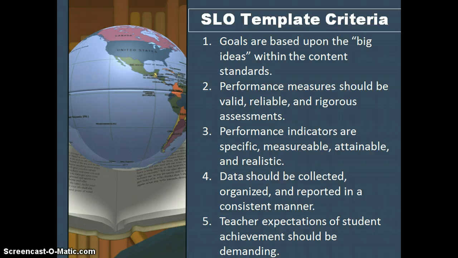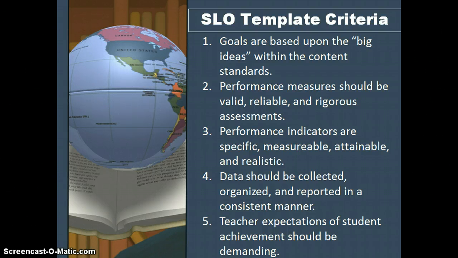Let's think about the criteria for our template. When we write our goals, we're going to write them based upon the big ideas within the content standards. Ask yourself, what's the most important learning? The performance measures that you will identify in section 3 and work on at a separate training will be valid, reliable, and rigorous.